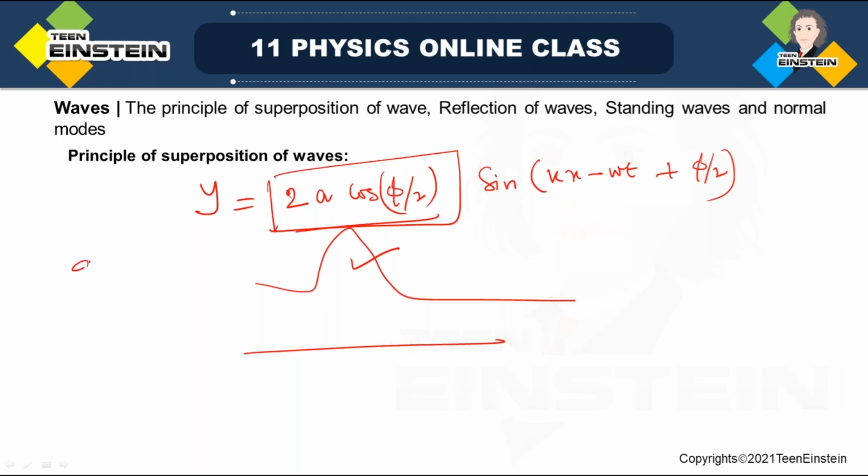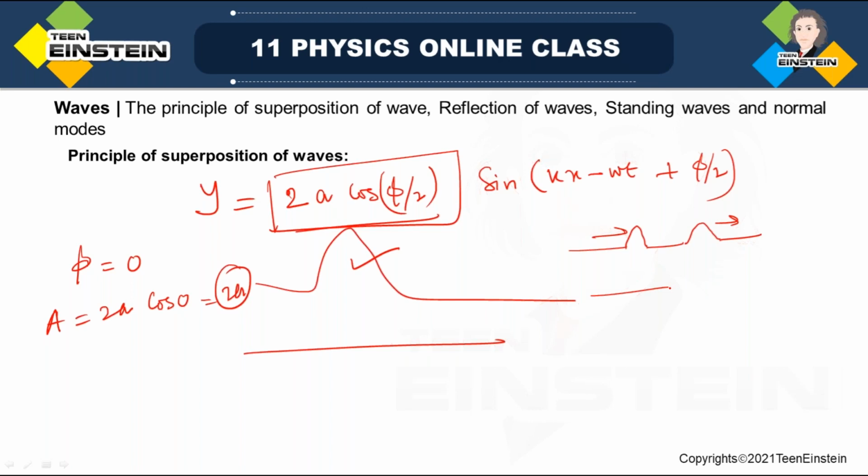Let us see that. When the phase angle phi is 0, what is the amplitude? Amplitude is 2a cos of 0, that means it is twice the amplitude. If I have two waves propagating in the same direction, and both of them have the same amplitude, then upon overlapping they will produce an amplitude twice that of each of them.